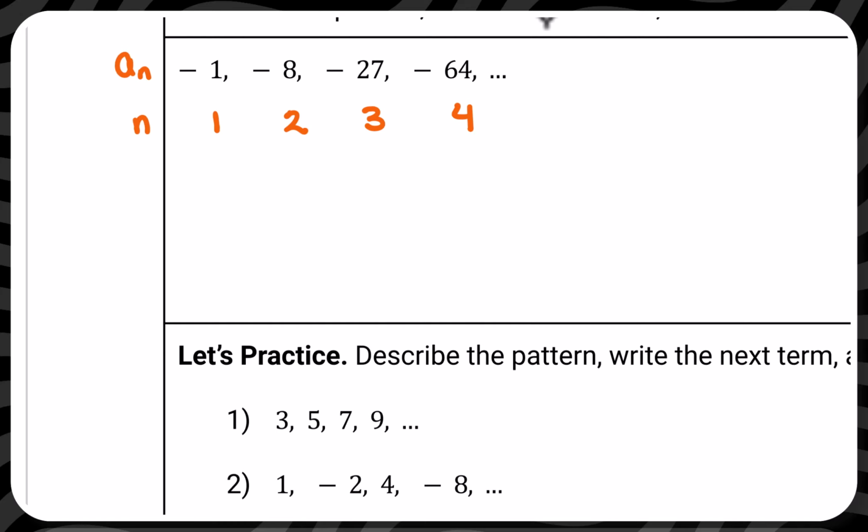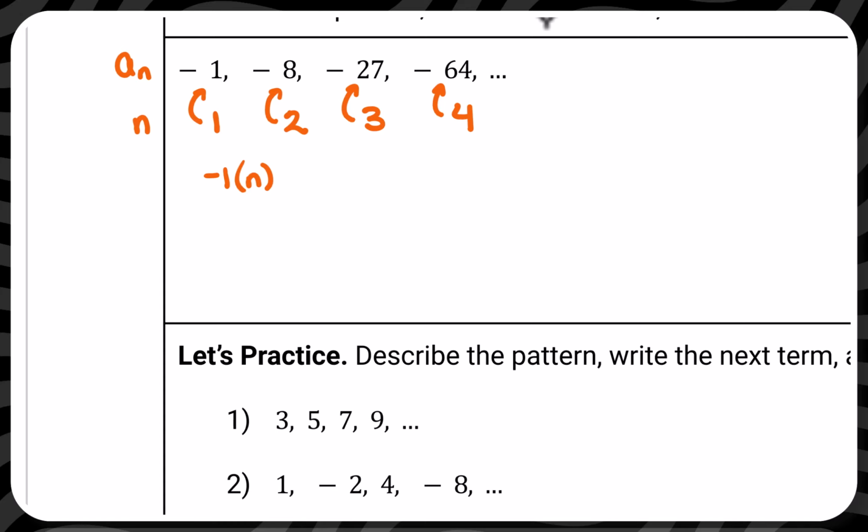Okay. Do we have a relationship between these numbers? This is where you really have to think. What are we doing to 1 to get to negative 1? Well, first of all, I think I'm going to be multiplying by negative 1, but I don't think that's going to be quite it.